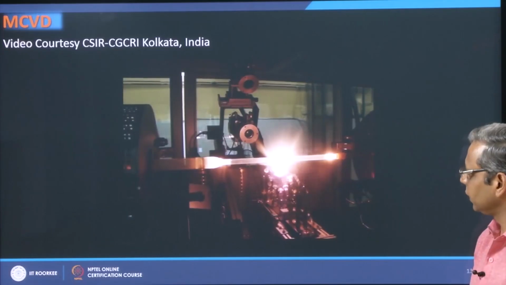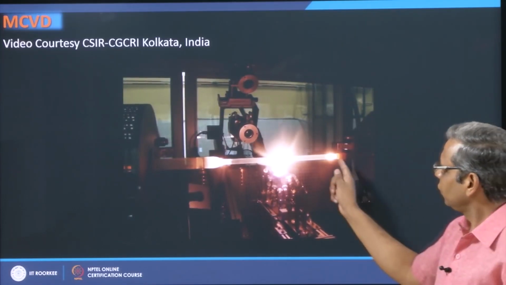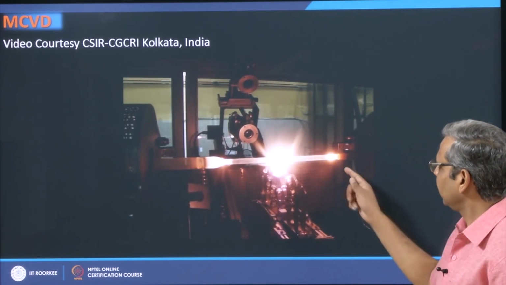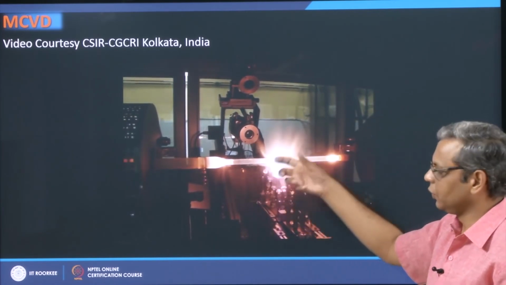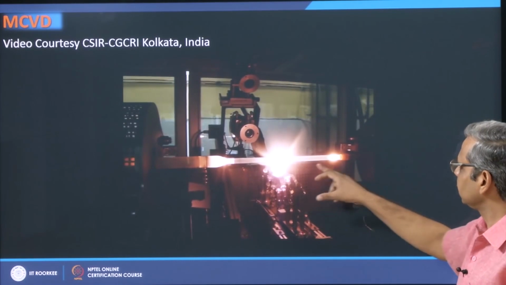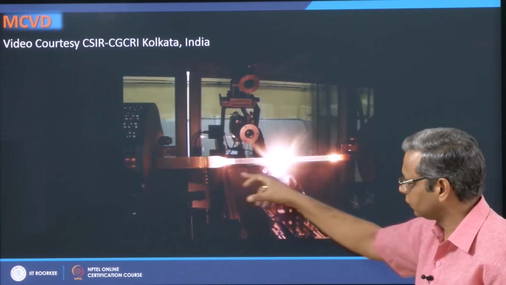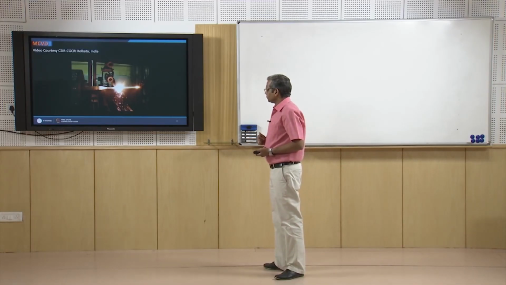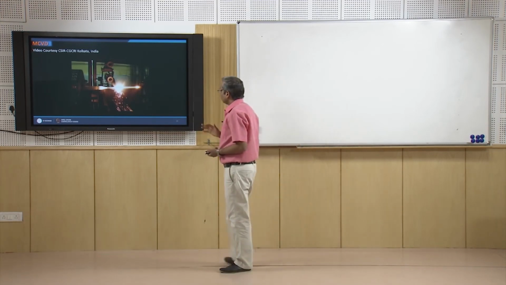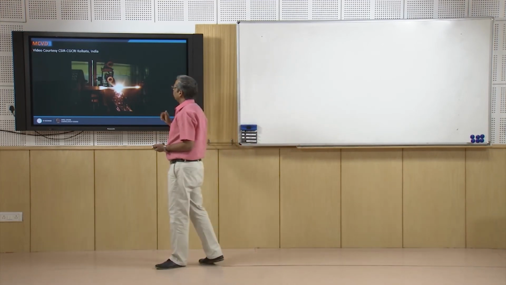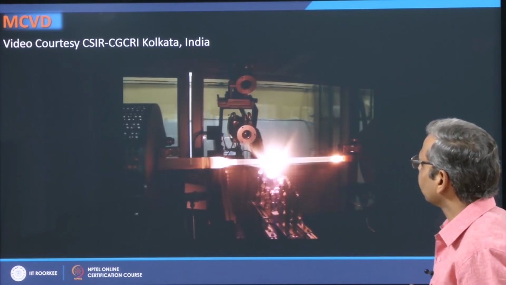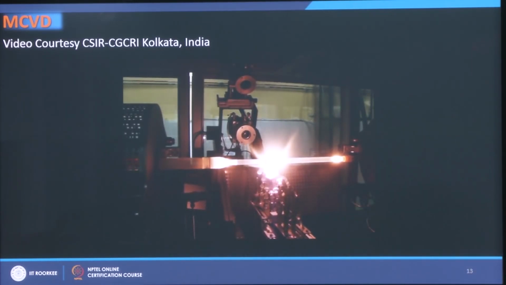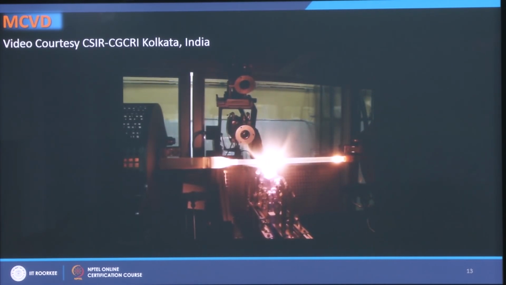Once you have made the preform, then you will have to draw fiber out of it, and it is done in a fiber draw tower which is as high as a 3-story building. On top of that you have a furnace which is kept at around 1900 degree centigrade, and you lower the preform using a precise feed mechanism into this furnace.